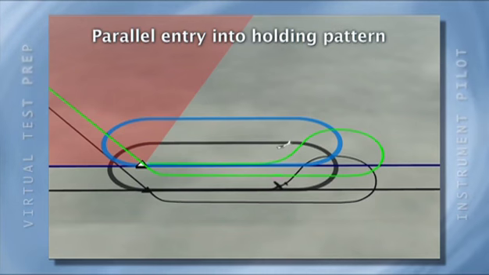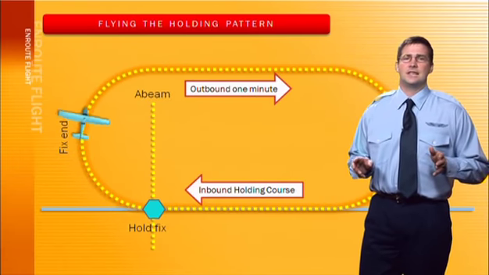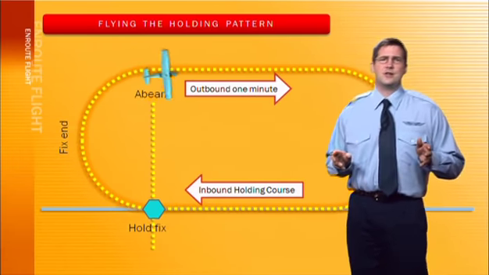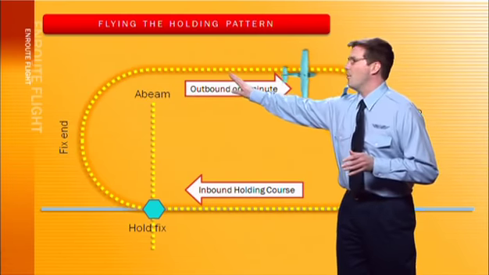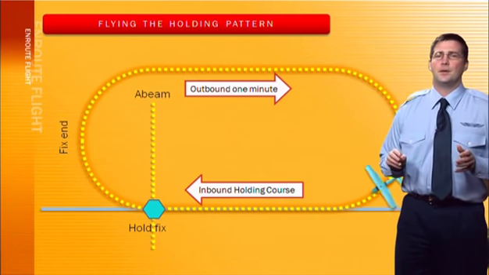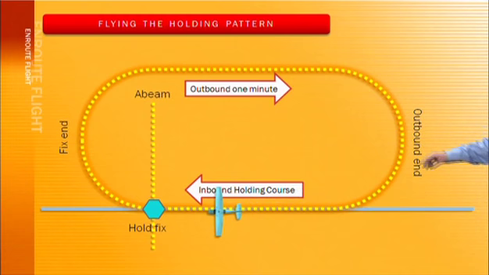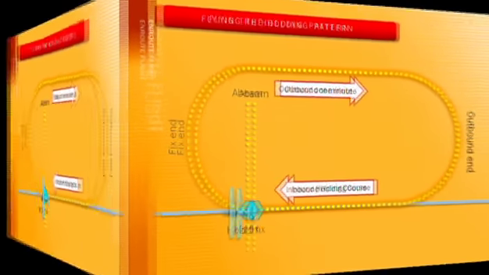Now, once the aircraft crosses the fix while flying inbound after completing the entry, the pilot turns the aircraft into the fix end and continues a 180-degree turn until established on the outbound leg that you see here. Now, after passing the abeam point, the pilot flies for 1 minute and then starts a turn inbound towards the fix to track the leg back to the station to begin the hold again for as long as that hold is necessary.